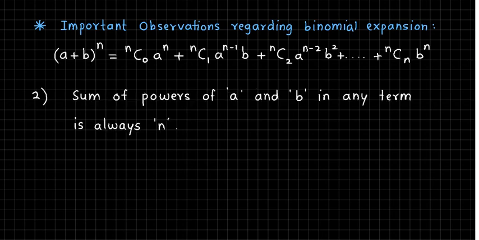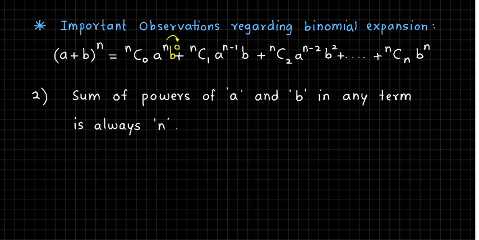Then going ahead, the sum of the powers of a and b in any term of the binomial expansion is always equal to n, that is the index to which the binomial is raised. So here if you see, in the first term the a had index n and there was no b term, so we can still visualize that as b raised to 0, isn't it?